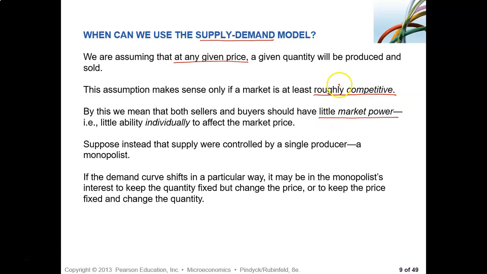Roughly competitive means that both sellers and buyers don't have what? Sellers don't have the ability to charge a higher price, and buyers also do not have the ability to change price, right? So market power means the ability of the agents, the participants, the constituents of the market, to change price.